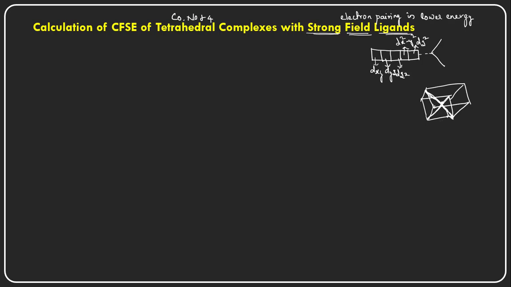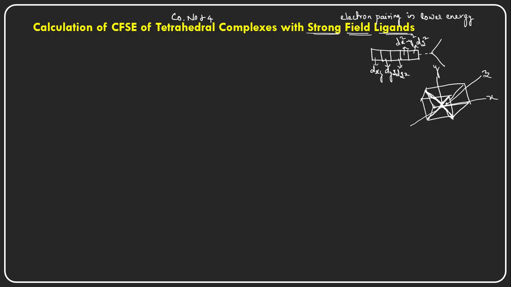If you see here, this is the x-axis, this is the y-axis, and this is the z-axis. And there is no ligand approaching through the Cartesian axes, right?